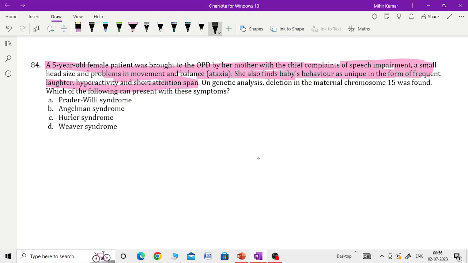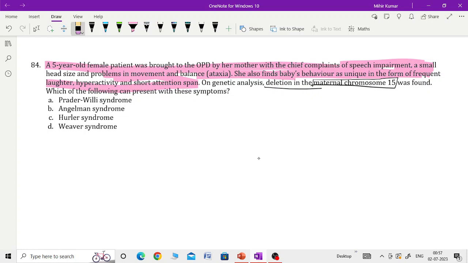The question said that on the genetic analysis, there is a deletion in the maternal chromosome 15, that is 15q deletion.